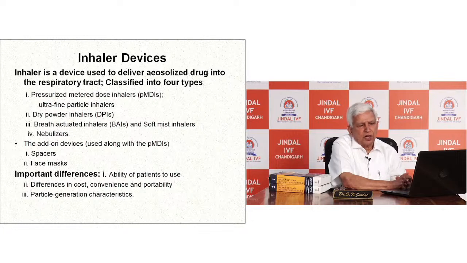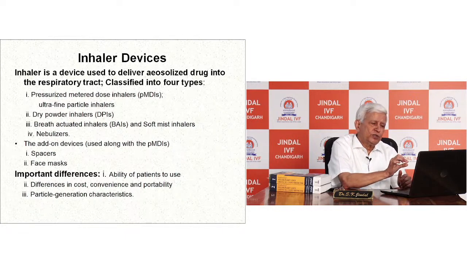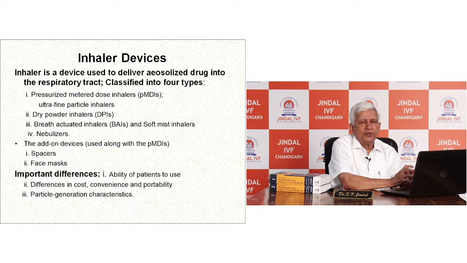I was saying earlier that ultra fine particle inhalers are important for drug delivery to the most periphery of the lung, for small airways and even the alveoli sometimes, for deposition in the terminal part of the airways.